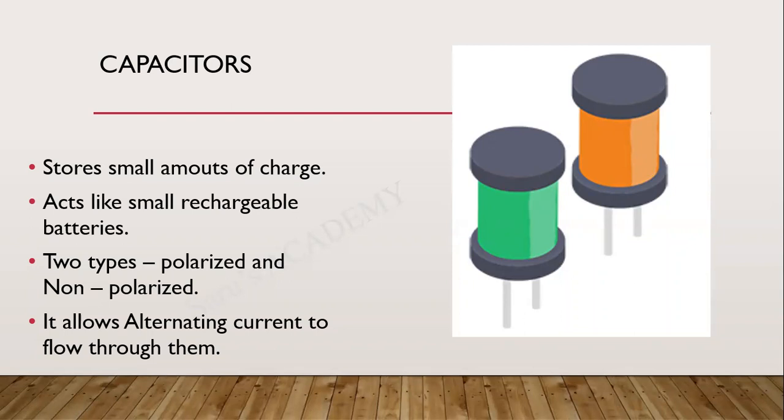And this capacitor also consists of two terminals. In the picture it is shown, two terminals are there. And you have types of capacitors. What are those? Polarized and non-polarized. We have two types of capacitors, polarized and non-polarized.